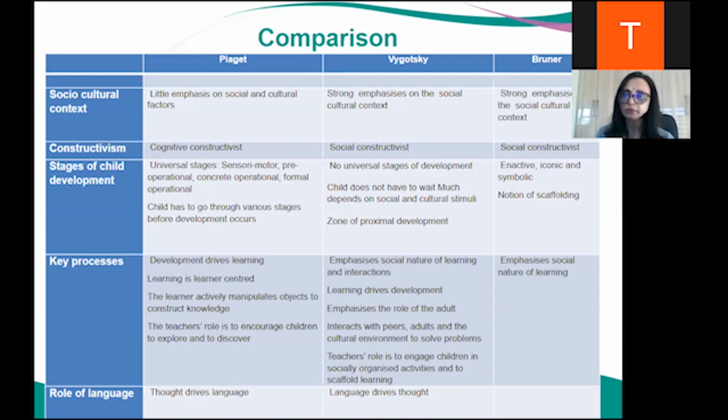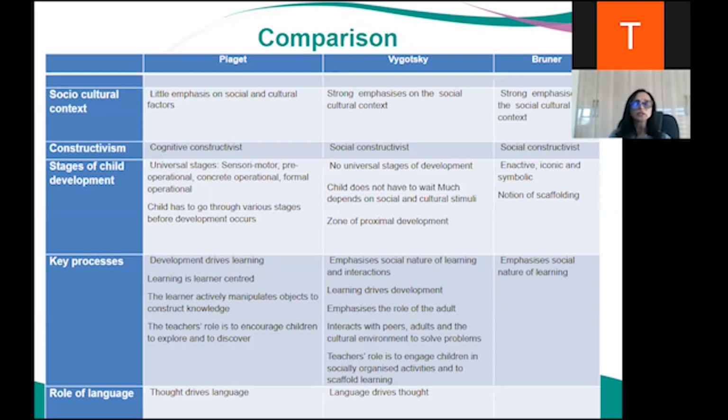The teacher's role is to provide the intervention, the scaffolding and the support to take the child from where the child is to where the child needs to be. Bruner, on the other hand, focuses on the enactive, iconic, and symbolic stages, and he talks of the notion of scaffolding.